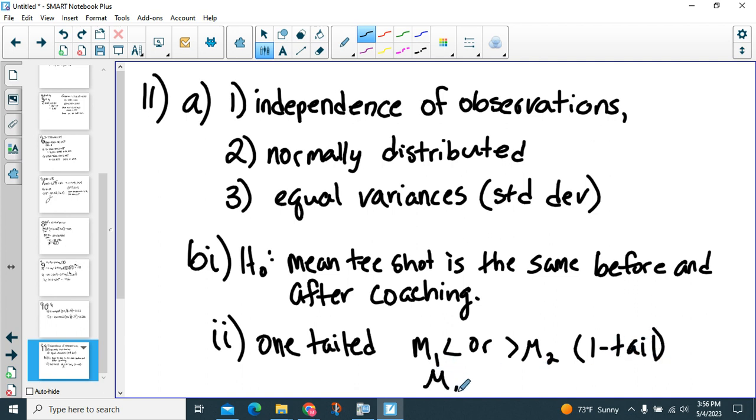If you have mu1 is not equal to mu2, that's two-tailed. In this case, he's specifically checking if his driving distance is greater after the coaching. So that would be mu1 less than mu2. So that's a one-tailed test.